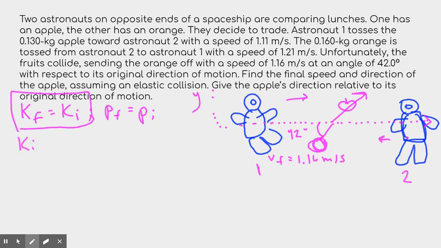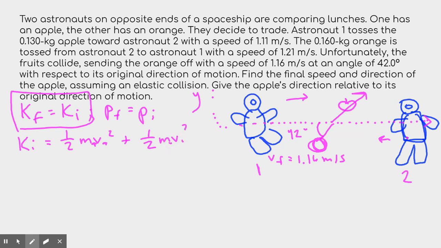Okay, so my initial kinetic energy is just going to be the sum of the kinetic energies of both fruits. So here is one half the mass times the velocity of, we'll say, the apple squared plus one half the mass times the velocity of the orange squared.